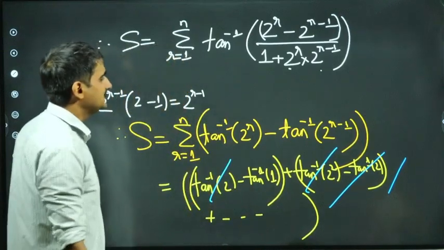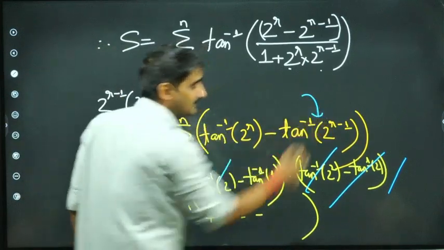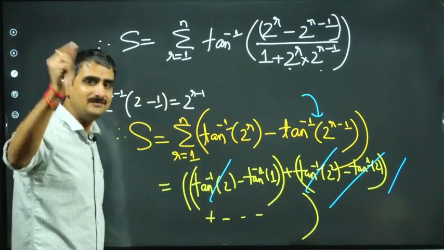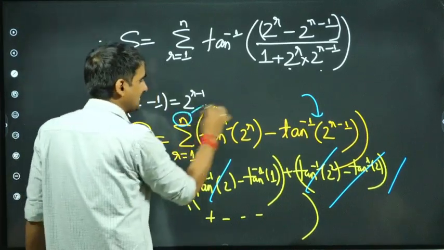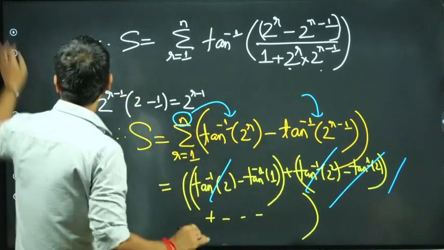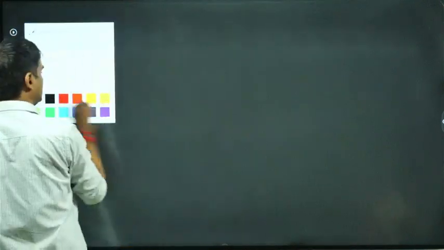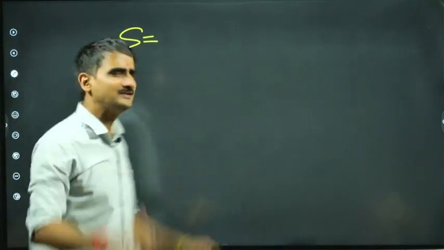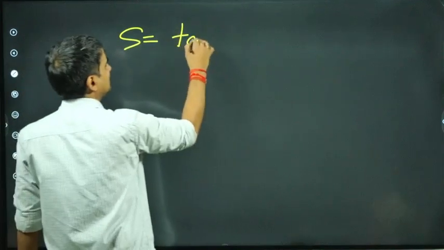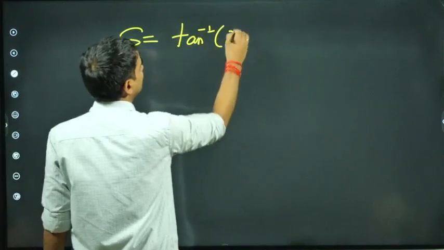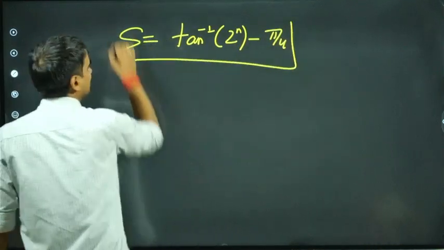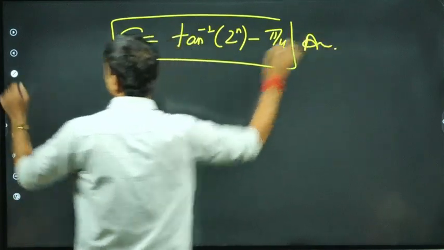We'll be left with just one positive term at the end, which we get when we put n here. We are not required to write it completely; if we have that observation, we can write it directly. So this is nothing but tan inverse of 2 raised to the power n minus tan inverse of 1, which is nothing but pi by 4, and that should be the answer.